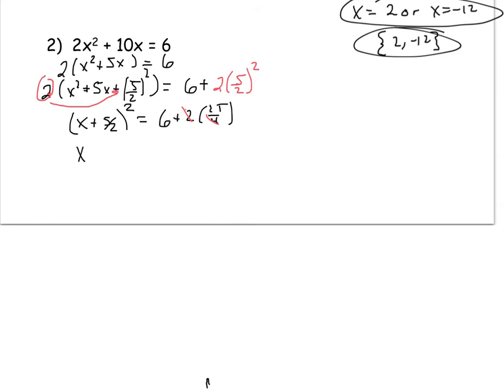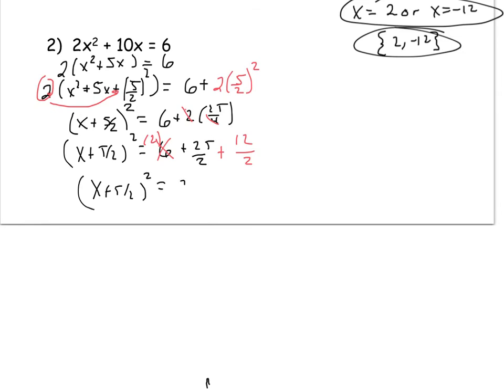Okay, so now we got x plus 5 halves quantity squared is equal to 6 plus 25 over 2. I need to get a common denominator, so 6 times 2 is 12, so 12 over 2 is the same as 6. And I have 37 over 2.